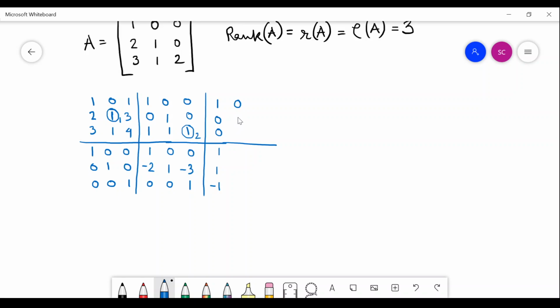This cross check, 0 1 0, and I am getting here minus 2 minus 1 remains same, but this I won't be able to get a row column.